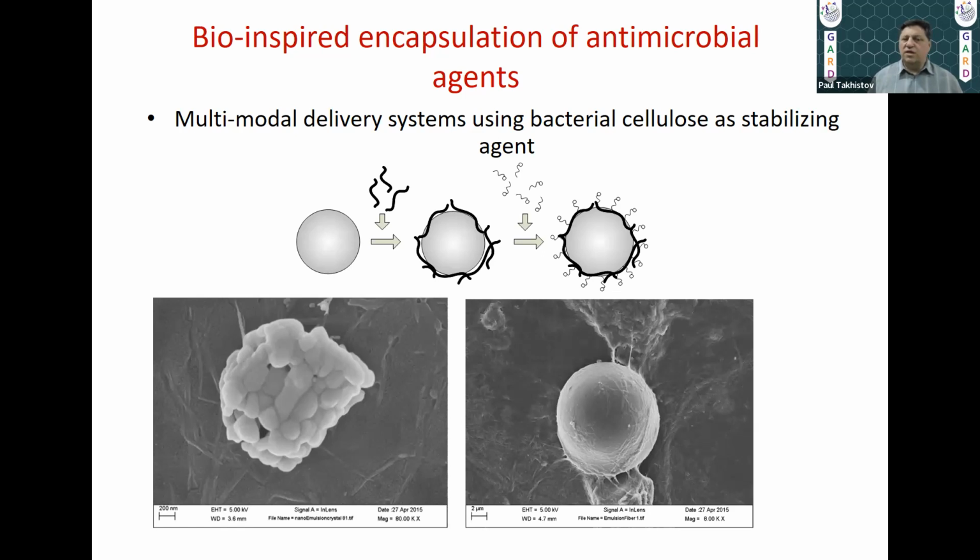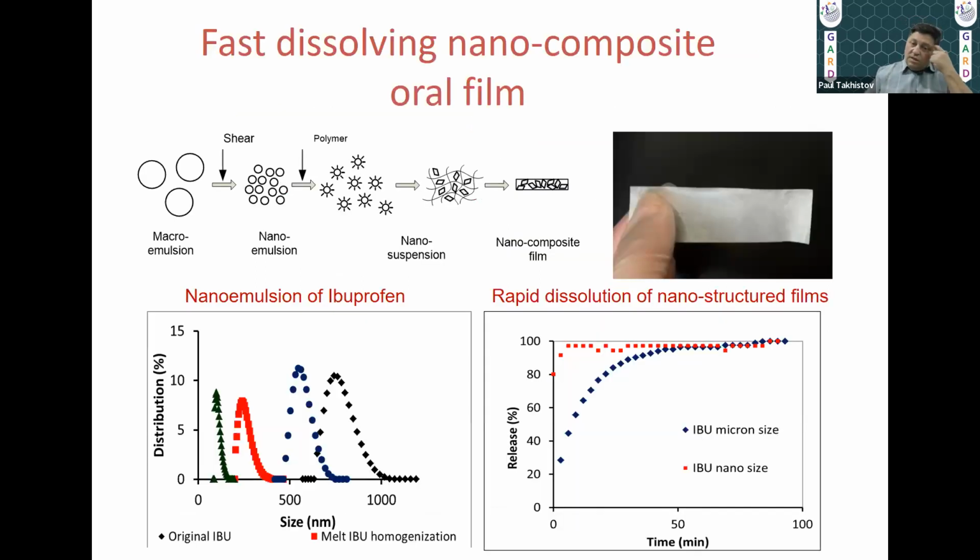When we use the microbial cellulose, the nanoscale cellulose fibers that are produced by bacteria, we can use them for the coating and control release of the target substance. And depending on the formulation, we can use these nanofibers at different scales. This is an example of drug delivery where we can make the suspension, emulsion, and composite film.